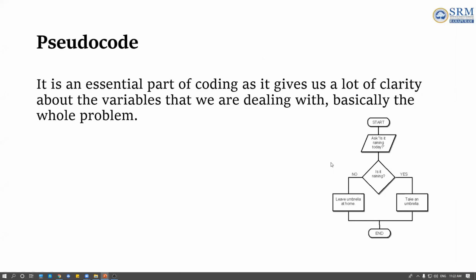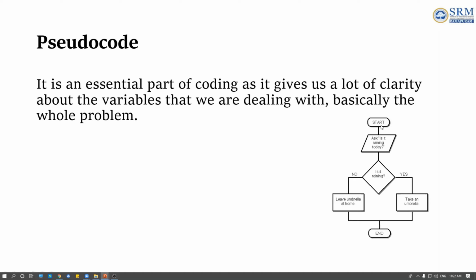In late Middle English, the term pseudo was formed, which means false or not genuine or fake. So this code might not be genuine, but it is going to give us a lot of clarity about the method we are going to apply to solve the problem. Right here, what we see is a flowchart, which is more of a pictorial representation of our pseudocode.